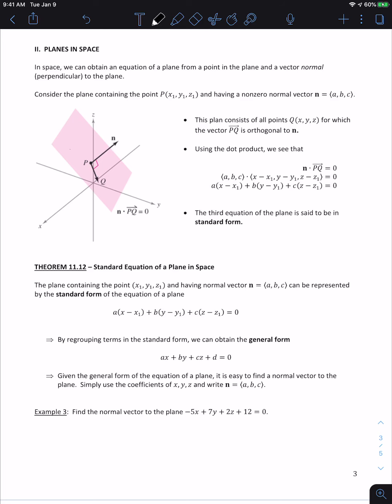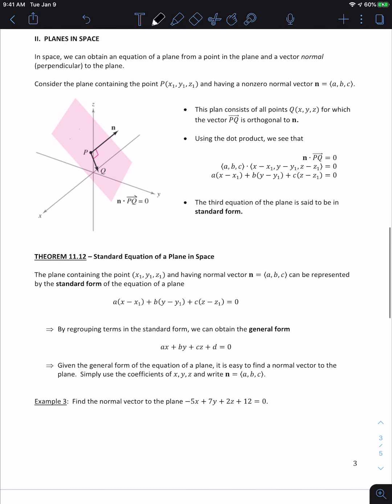So the claim is that if I take any of these points Q, here, or even the Q that's written by the book here, that vector is orthogonal to this normal vector N. So in other words, the dot product of vector PQ with N is going to be equal to 0, right? So that is what it means to be on the plane. For Q to be on the plane, that means that the dot product of PQ with N is 0.